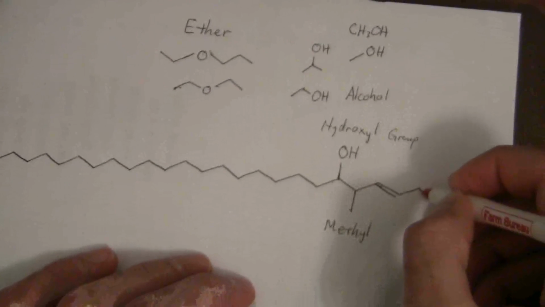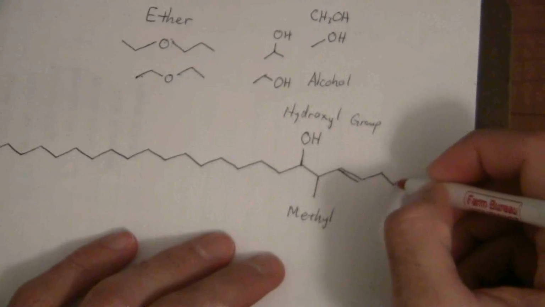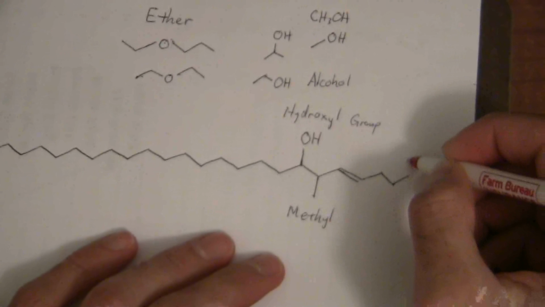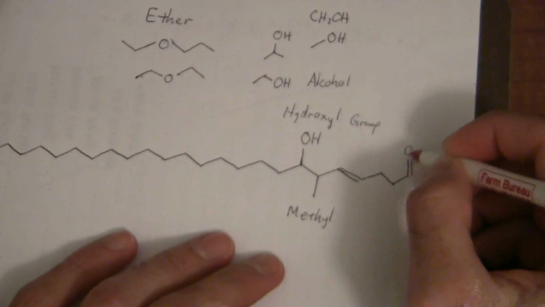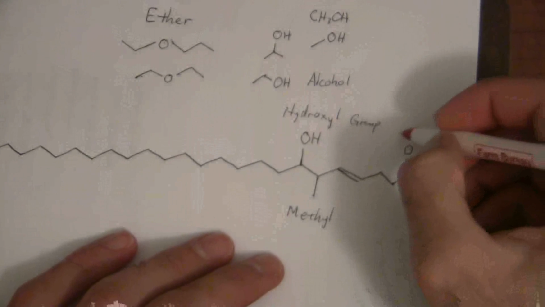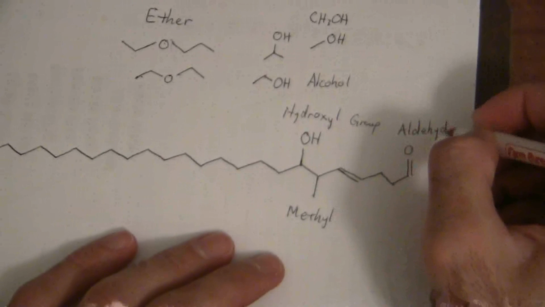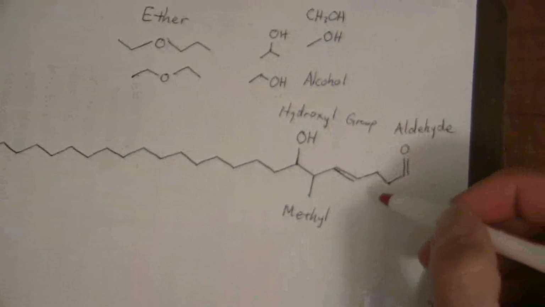All right, so let's look at an aldehyde. This is another functional group, and it can only occur at the end of a carbon chain. This is what the aldehyde functional group looks like.